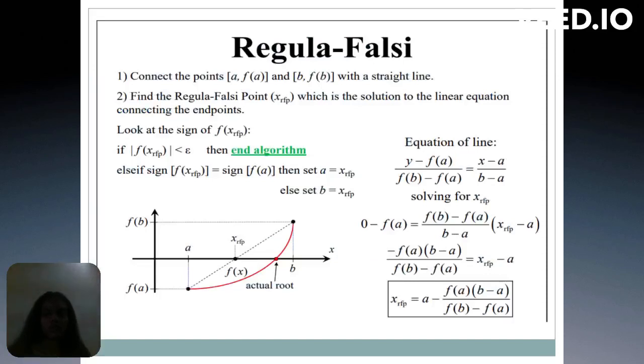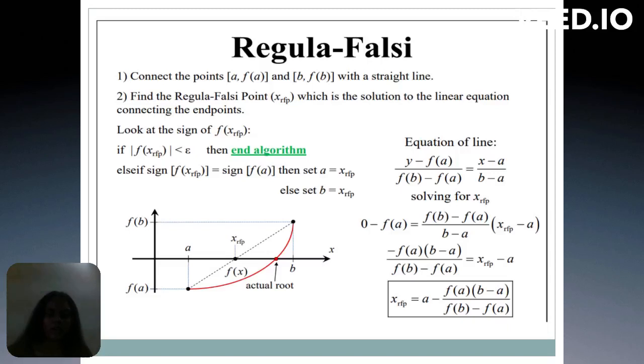So now we get into the derivation of the regula falsi method for its mathematical expression. As we can see in the picture, first we have to connect the points A, f of A and B, f of B with a straight line. Then with the regula falsi method, we get the regula falsi point, which is x_rf, which is the solution of the linear equation by connecting the endpoints.